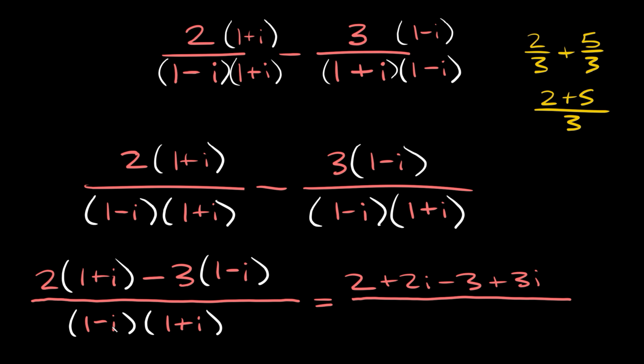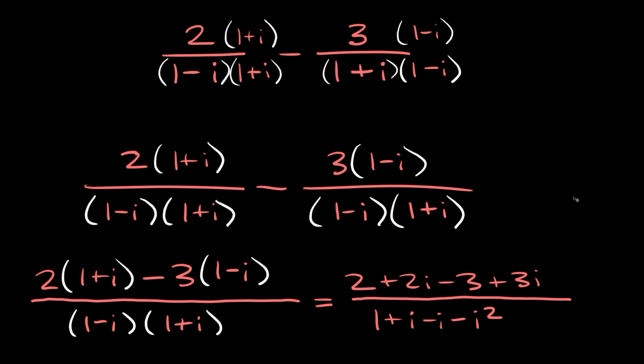Now we can multiply these together. 1 times 1 is 1, and 1 times i is positive 1i. Then negative i times 1 is negative i, and negative i times positive i is negative i squared, since a negative times a positive is a negative.